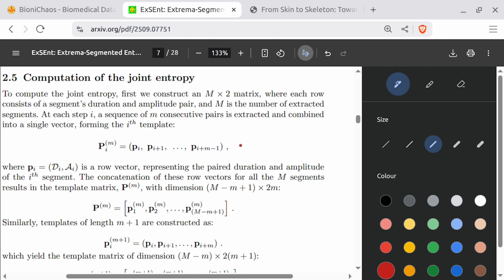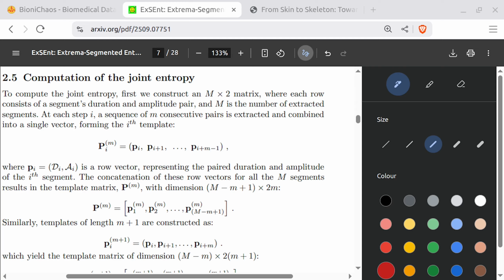Can you review what's currently on the screen real quick in plain language? This section describes how to calculate joint entropy. It starts by creating a matrix where each row contains a segment's duration and amplitude. Then it extracts and combines sequences of m consecutive pairs into single vectors, forming templates.